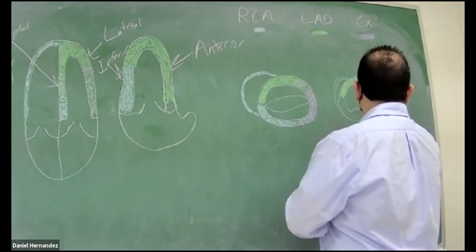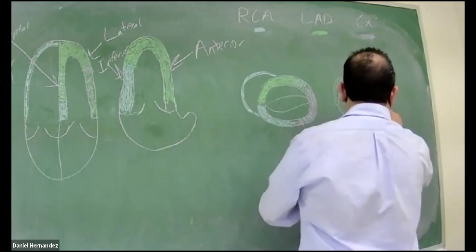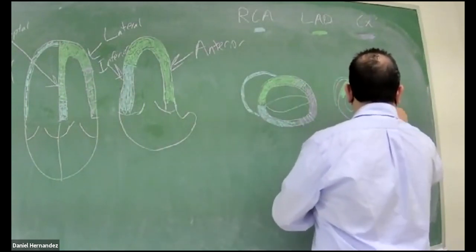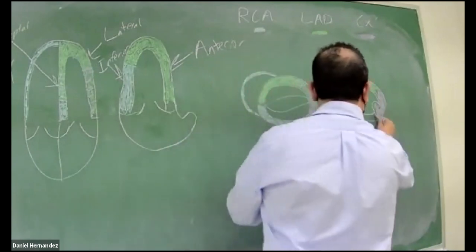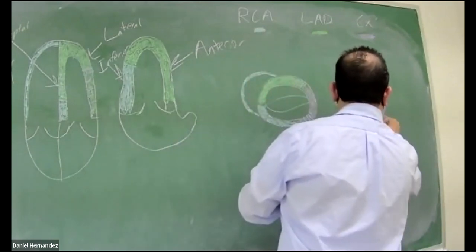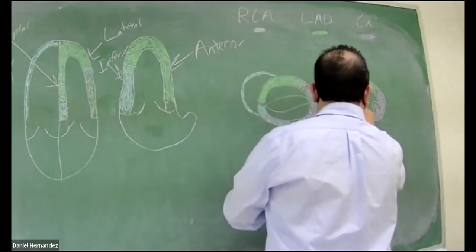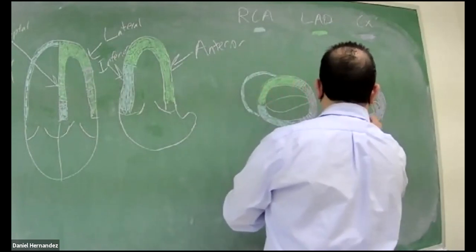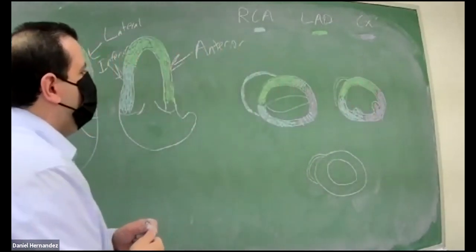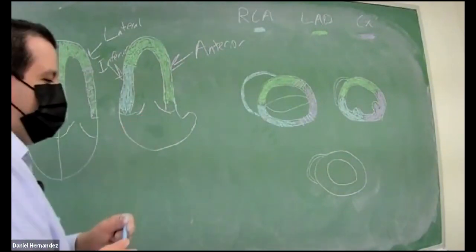Lateral wall, we've got our circumflex. And the inferior wall, the right coronary artery.